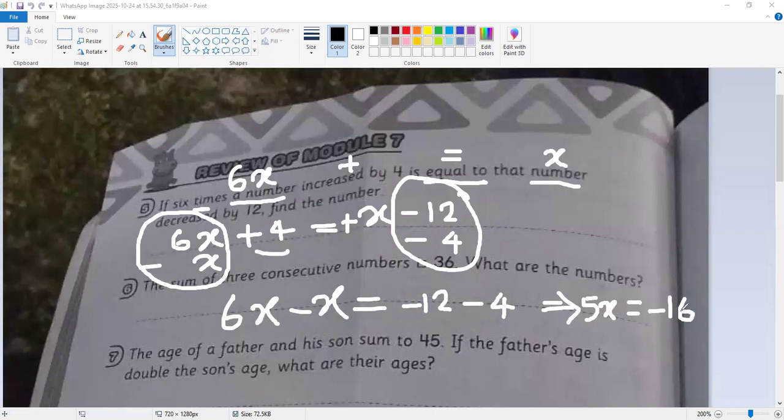So divide both sides by 5, because 5 is the coefficient of x. That will give us minus 3 whole number 1 over 5. That becomes our answer to the question. So you can write this down in your notes.